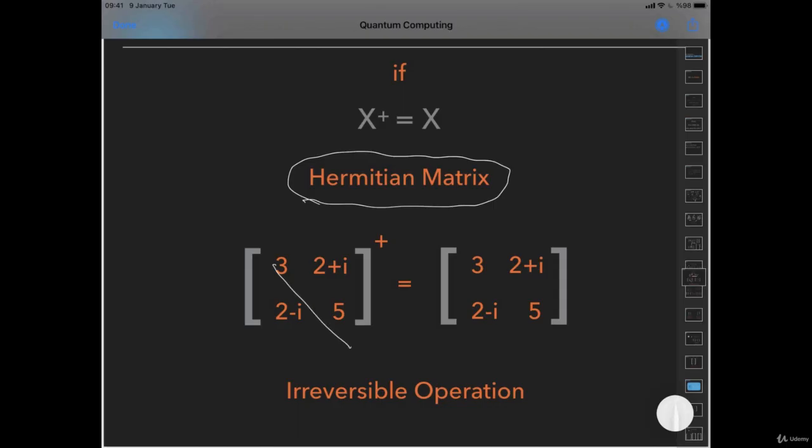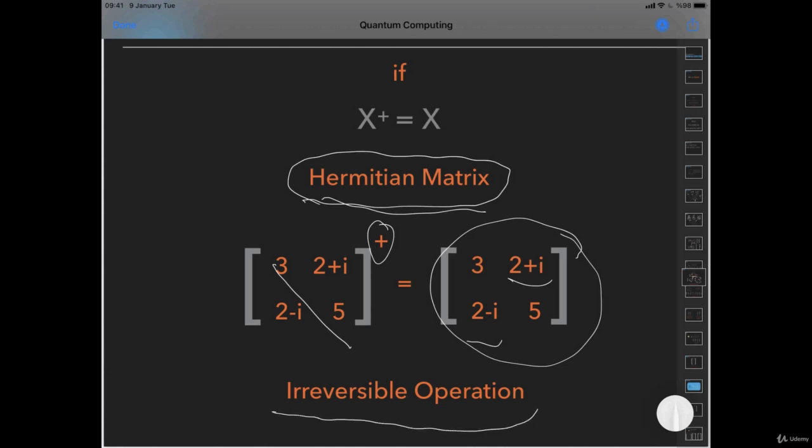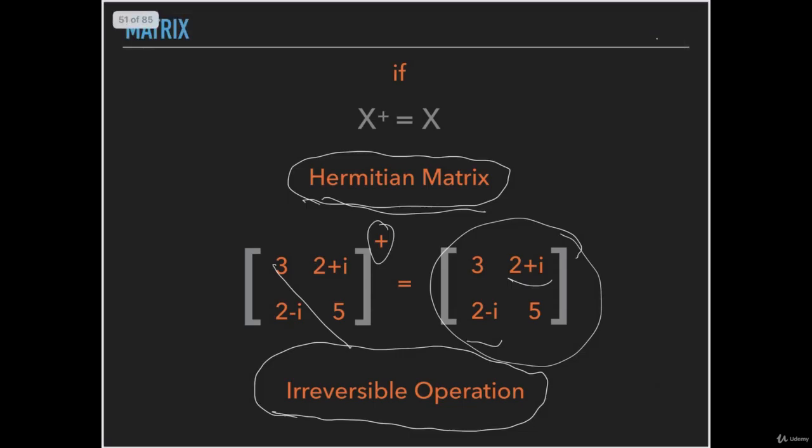So if you draw the diagonal over here, switch the 2 plus i with each other, and then change the sign, then you will get the same thing, right? We just make the transpose and then we take the complex conjugate. We change the signs of the imaginary parts. So this is irreversible operations, and we will see that kind of matrices as well in the upcoming lectures.